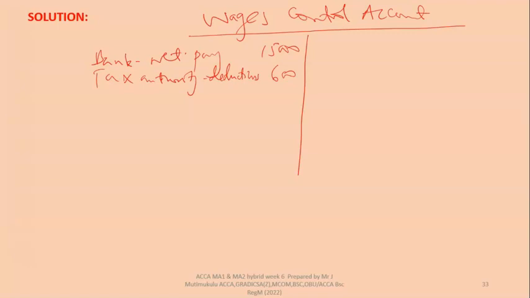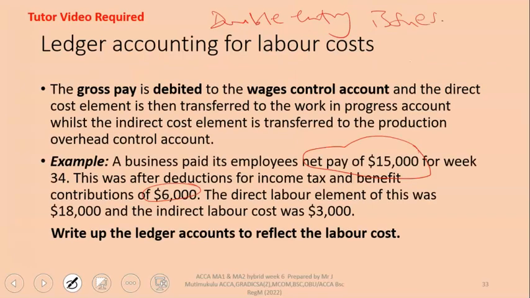So what we need to do now to complete this wages control account is to credit it with the work in progress. Of how much? We go back here.